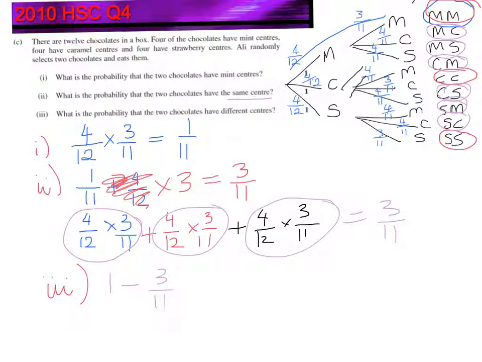So 1 minus 3/11, rather than multiplying along that branch, that branch, that branch, and then adding them all together. Can you see how using complementary events is sometimes a lot quicker? So 11 minus 3 is 8. So we've got 8/11.